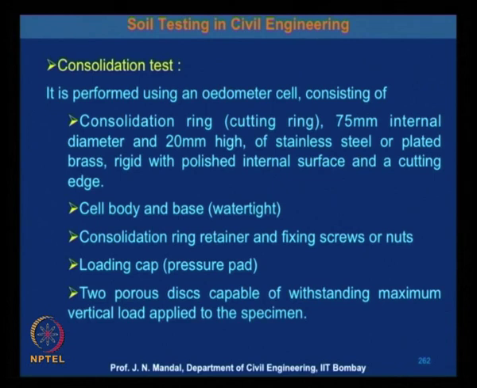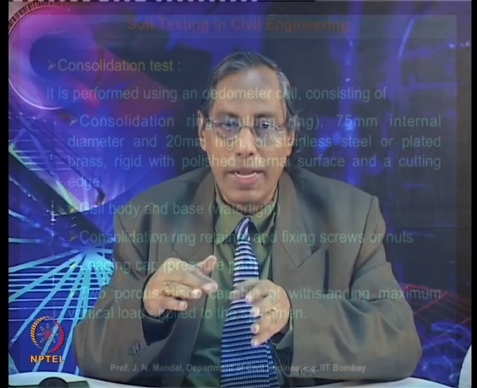Cell body and the base, that is watertight, and consolidation ring retainer and fixed screws or nuts, loading cap and pressure pad and two porous dishes capable of withstanding the maximum vertical load applied to the soil specimen.